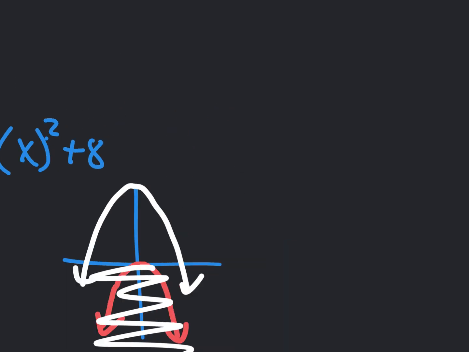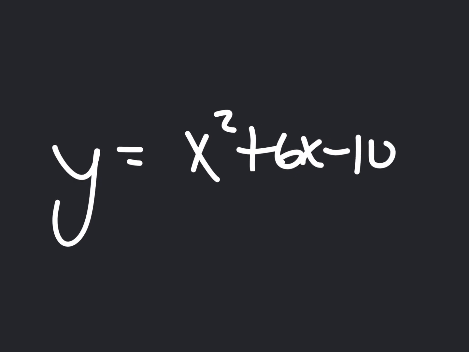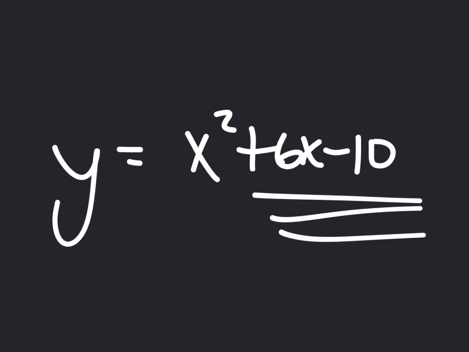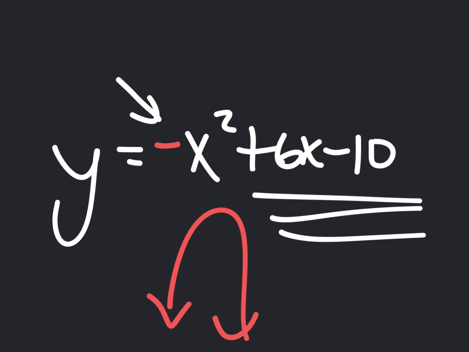So a normal parabola that doesn't have the negative, I don't care what these numbers are. That doesn't matter at all. If there's no negative in front, it's a right side up parabola. And therefore, it would kind of look like this, and therefore, its low spot would be a minimum. If there is a negative, then it's upside down, and its vertex would be a maximum.